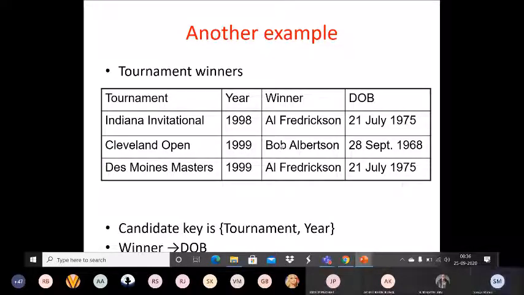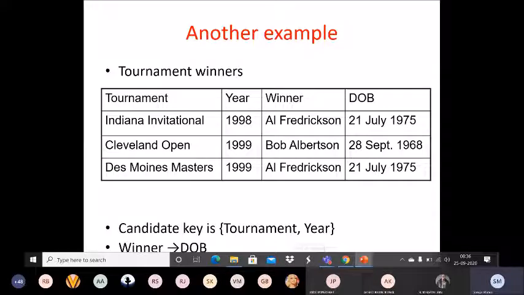Fine. So tell me, which is dependent on which thing? It's very clear. Date of birth is depending on winner, right? But here the candidate key is tournament and year both. Tournament and year both should be your candidate key as a group, right?